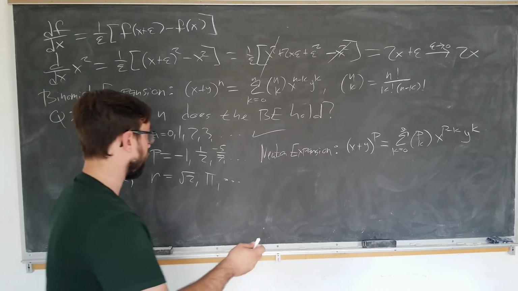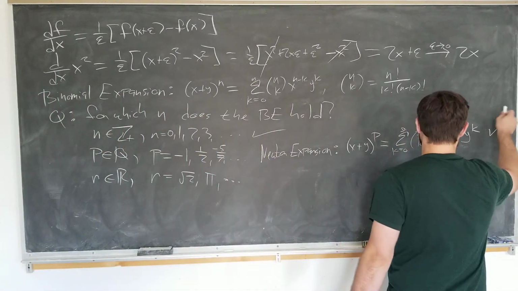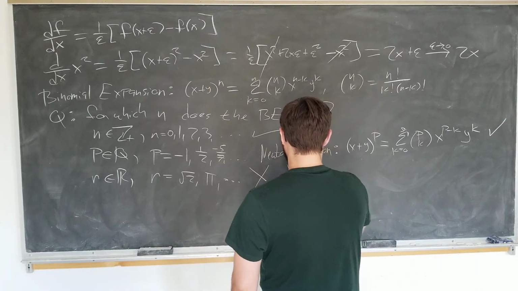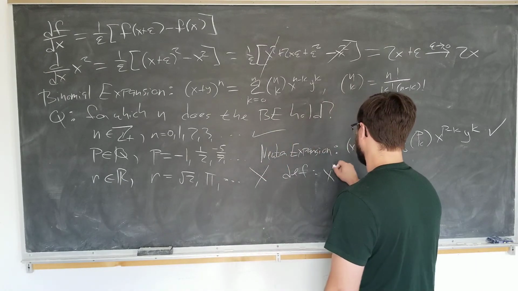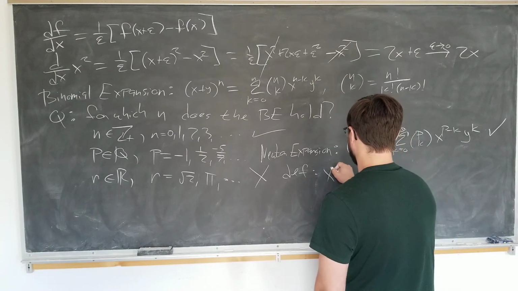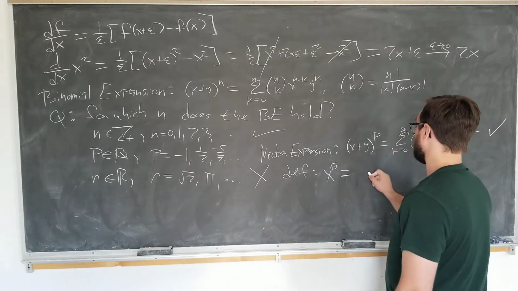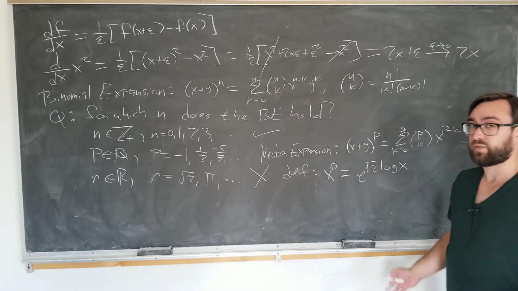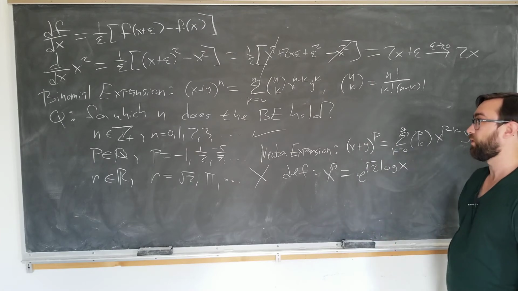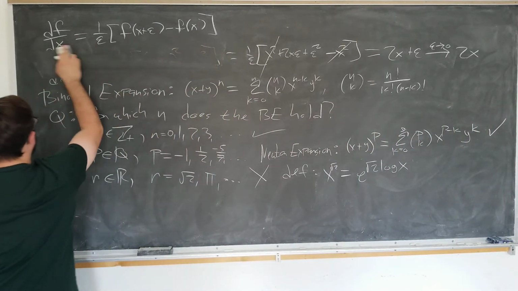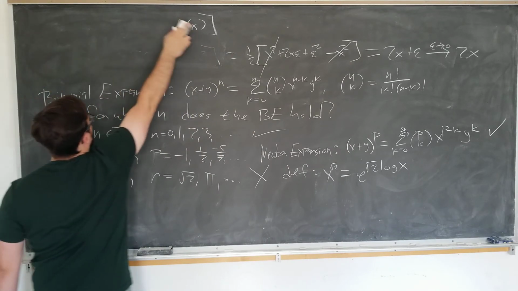No, we can't, because we would actually be defining x^n for n, say the square root of 2, an irrational number, to be e to the square root of 2 times log x. And there's just no way to modify the expansion that we've been doing to cover this case. But that's okay. There is a pretty quick and easy proof to get that one as well.